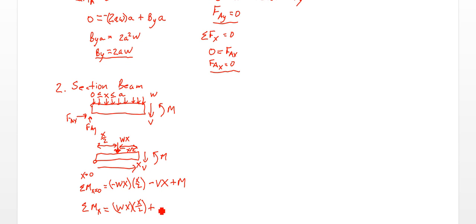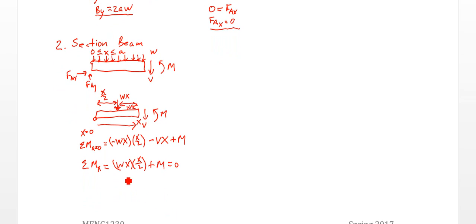And I still have my positive moment here. And that's going to equal 0. So M equals, moving that to the other side, negative Wx squared over 2. So there's that part of it.